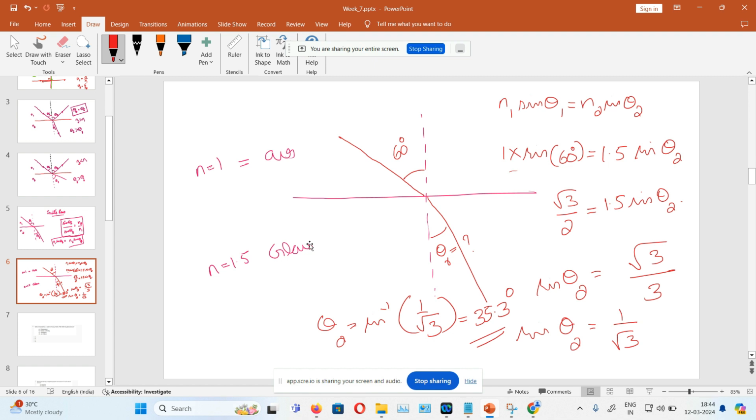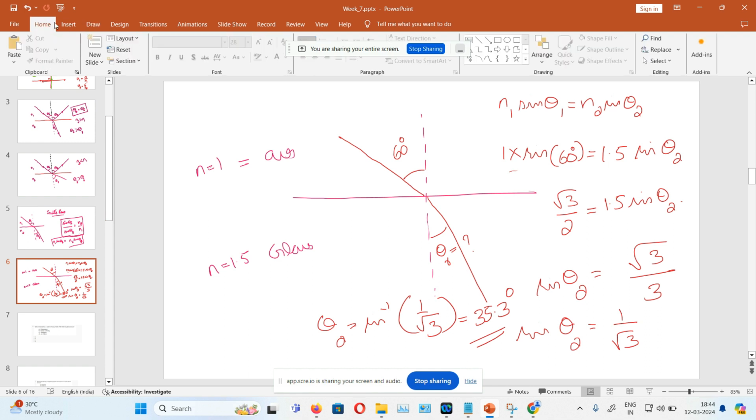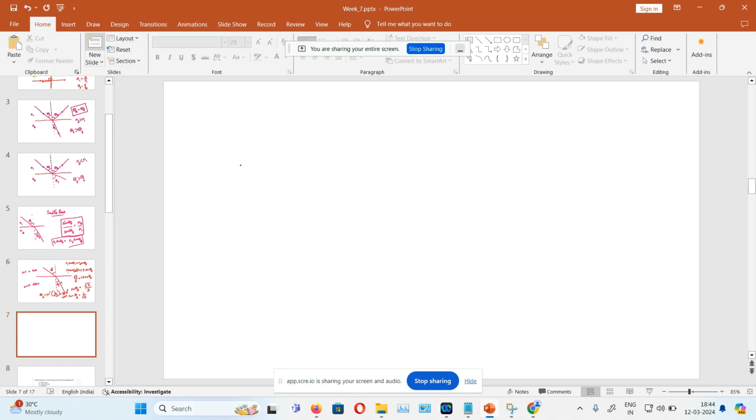So, total internal reflection happens when light travels from a denser medium to a rarer medium. We know the normal case of refraction.